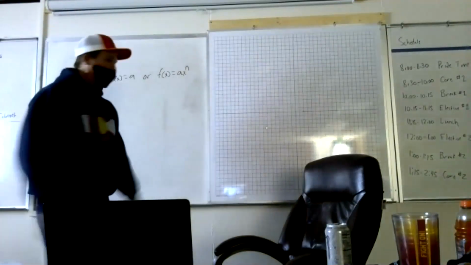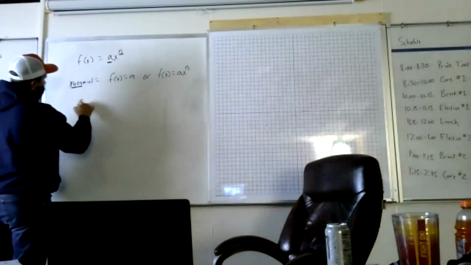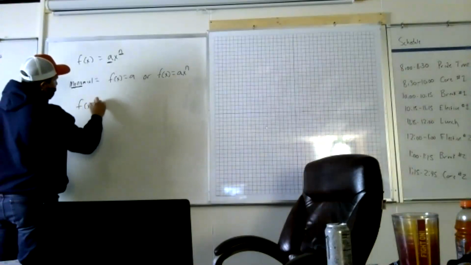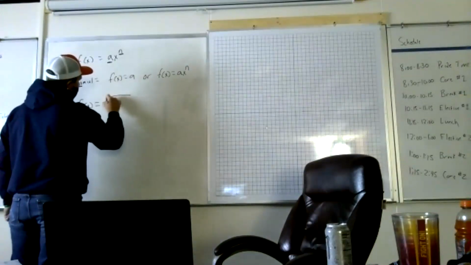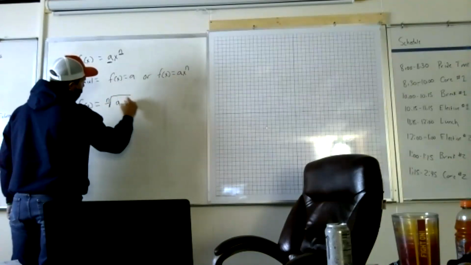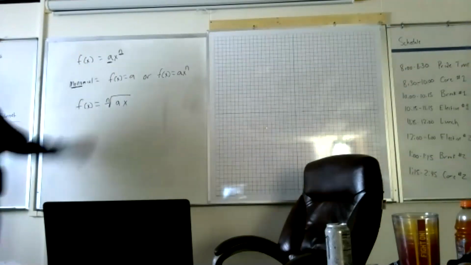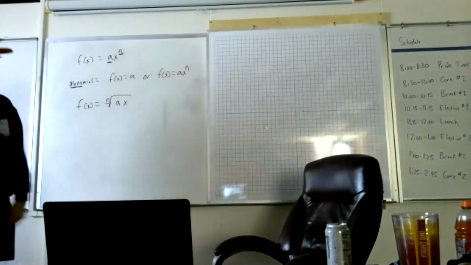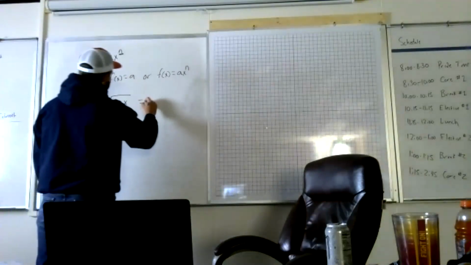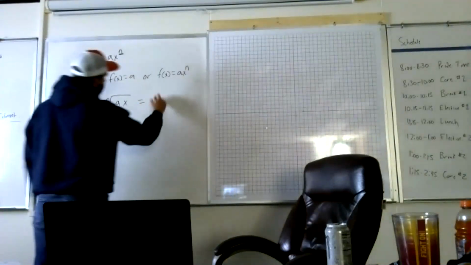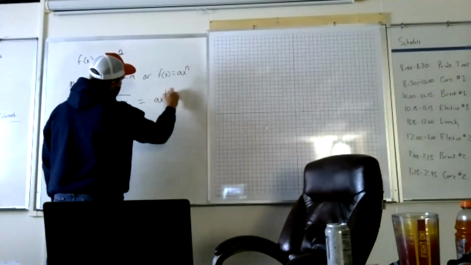Okay, radical function. So radical functions can be given to you in two different forms. They are typically f of x equals a times the nth root of x. Understand that this is equivalent to ax to the 1 over n.